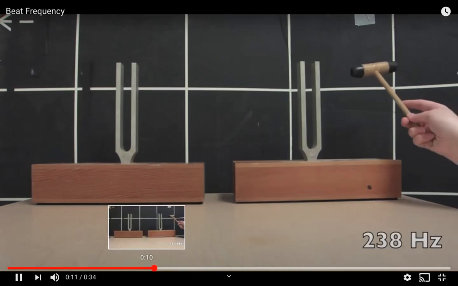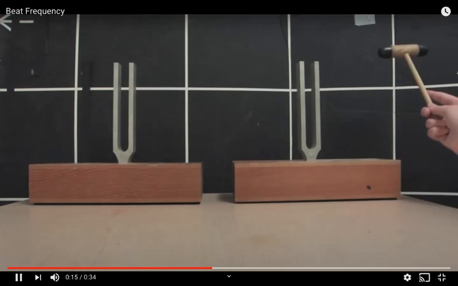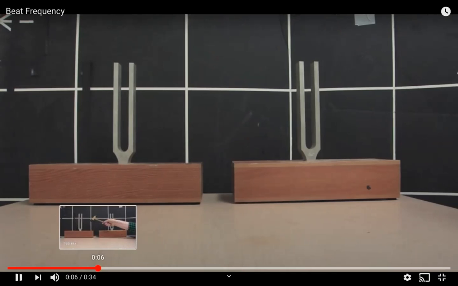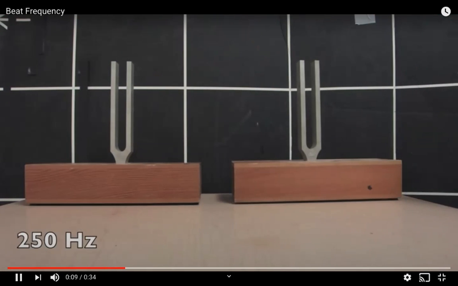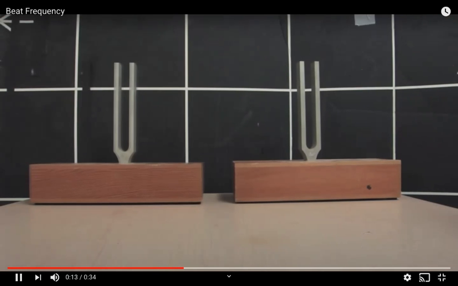So let's rewind that. We have a 250 hertz tuning fork. We also have a 238 hertz tuning fork.